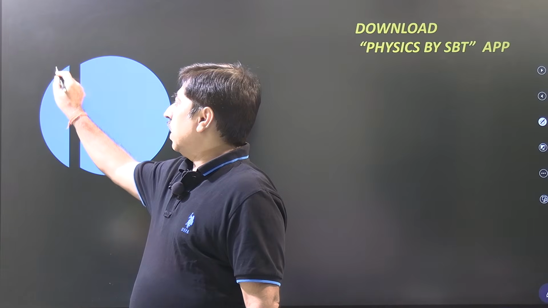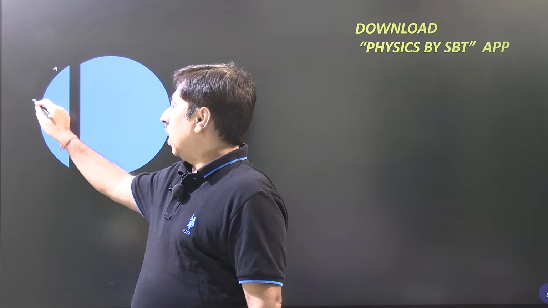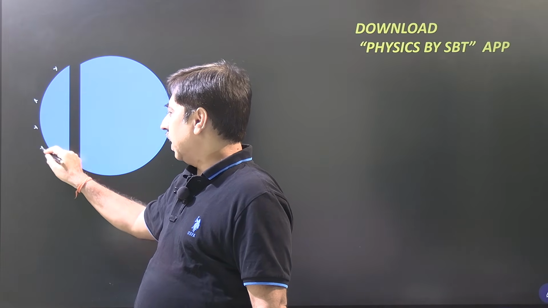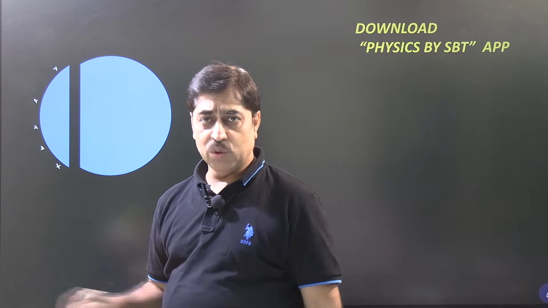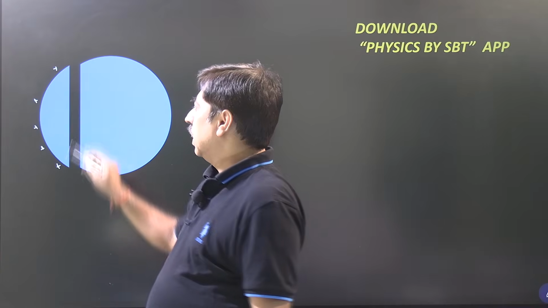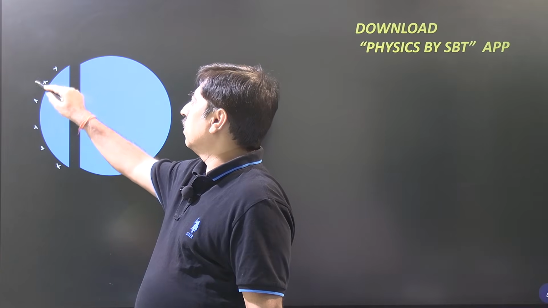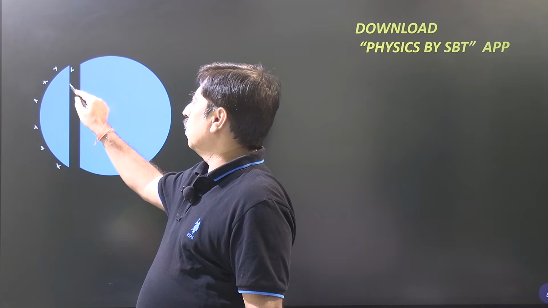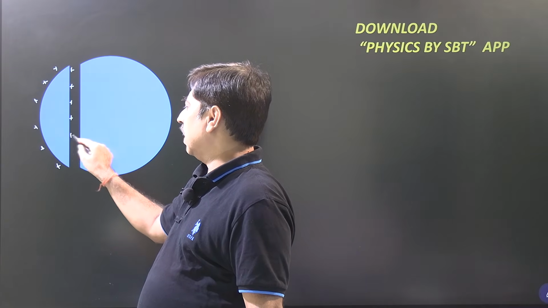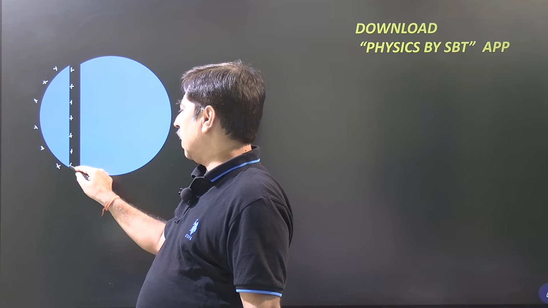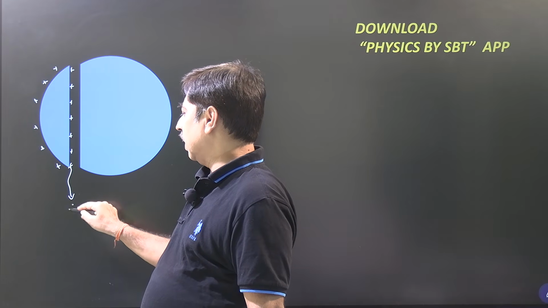So, if this part is having charge plus Q, will the entire charge reside here? The answer is obvious, no, not at all. Some part of this charge will go to the inner circular face. This is the flat circular face. So, some part of charge will go here. Let me call it q.